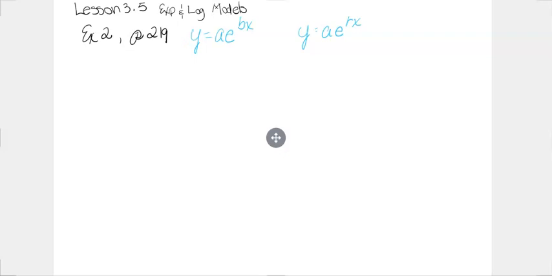Now in this problem, it says that after 2 days there are 100 flies, and after 4 days there are 300 flies. So we can determine that our independent variable, the x variable, would be the time, and the dependent variable would be the number of flies. So our y would be the number of flies, and our x would be the time.